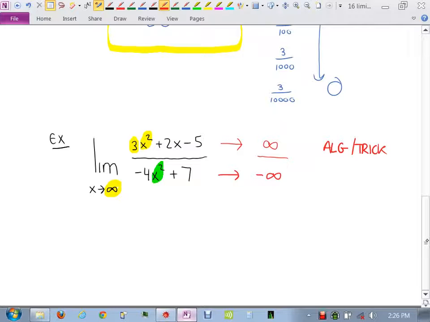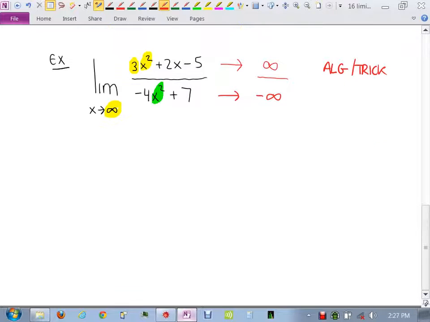Question is, what's the trick? So let me put this down here. There's a standard practice when you get infinity over infinity. I mean, a standard approach, I should say.